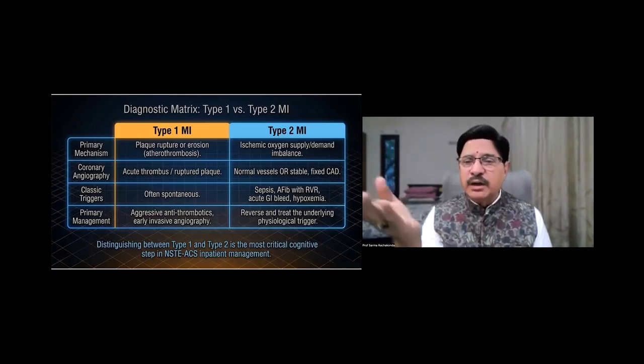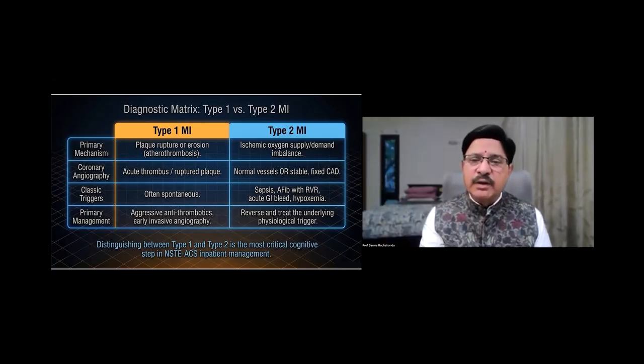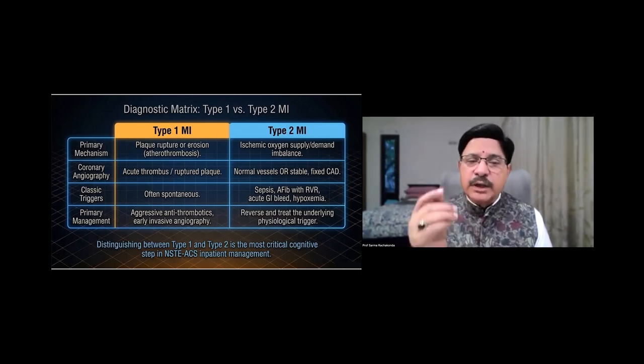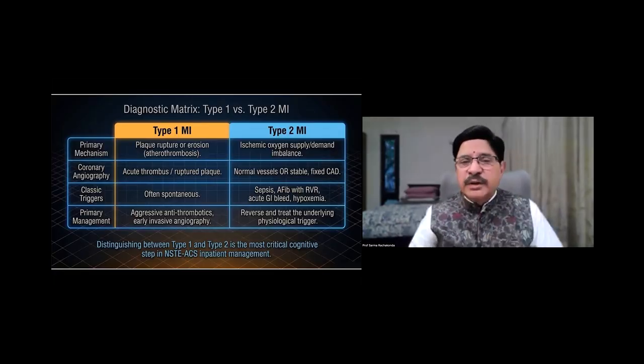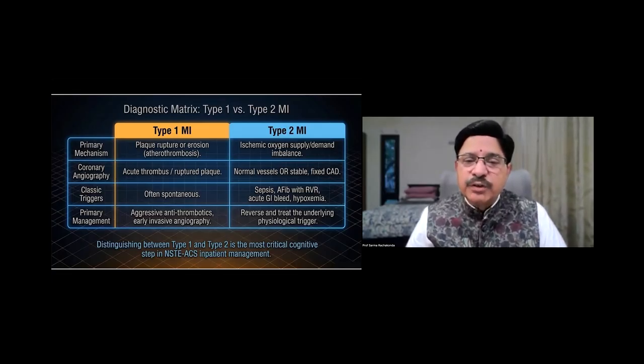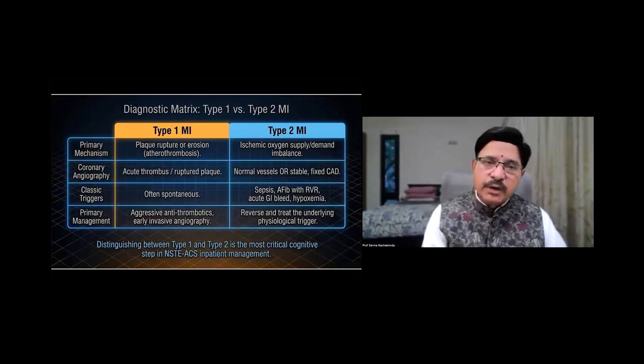For type 2: reverse the underlying cause, treat the underlying cause and the physiological trigger. This must be kept in mind by all residents. Distinguishing between type 1 and type 2 is the most critical cognitive step in NSTE-ACS inpatient management. This has come in the 2018 guidelines, the Fourth Universal Definition revision of myocardial infarction.